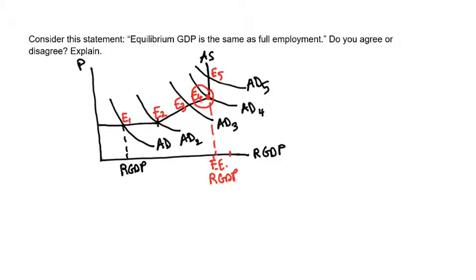We do not agree, because the equilibrium real GDP can be at full employment, below full employment, or above full employment. It's not necessarily at the full employment.